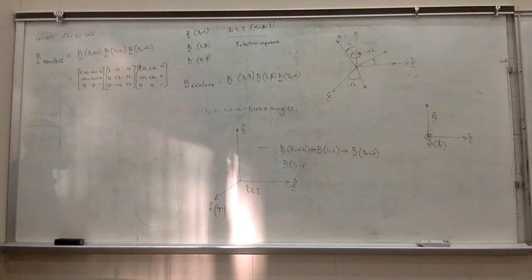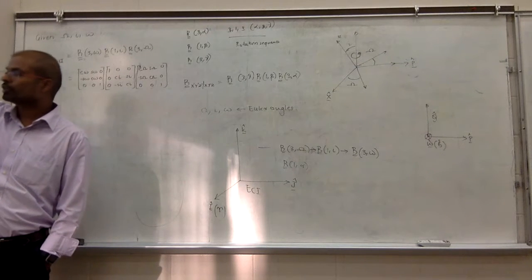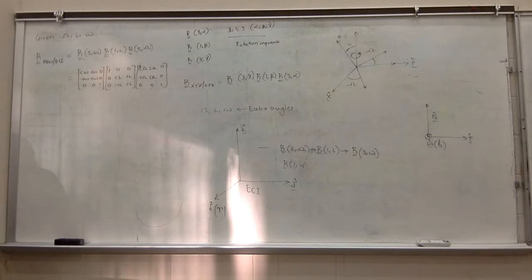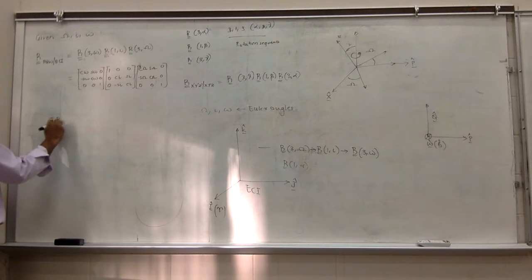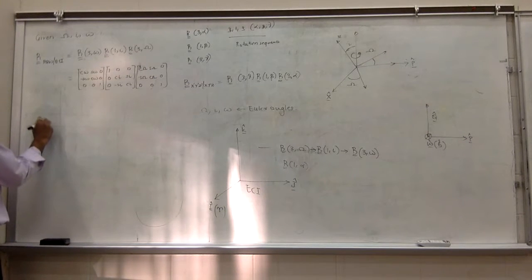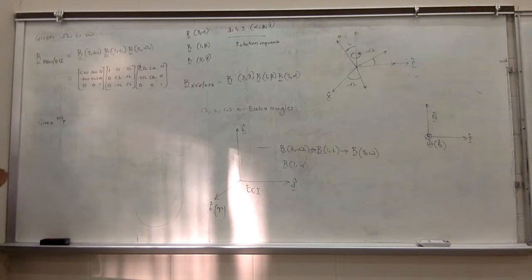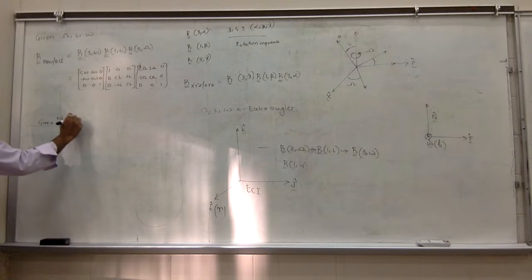Let's do it where y is involved, so I can see that. So what you're going to do is, if you have a vector, let's say the position vector of a satellite, you're given R in ECI frame. And we have done this, right? We are given R in ECI and V in ECI.